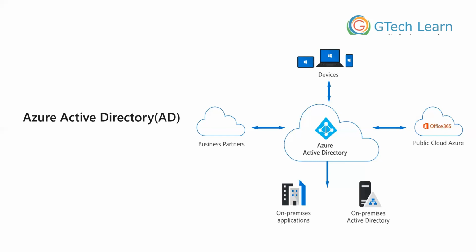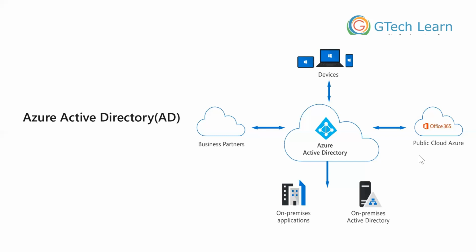Basically, in an organization, employees and guests are represented as users in Azure AD. If you have several users with the same access needs, you can create a group for that particular kind of user. A group allows you to assign access permissions to all the members under that group.